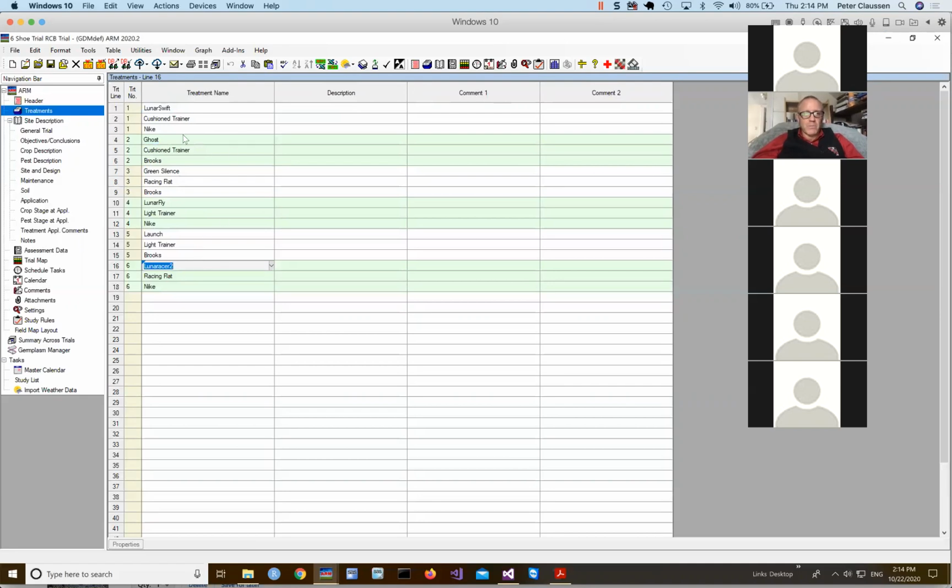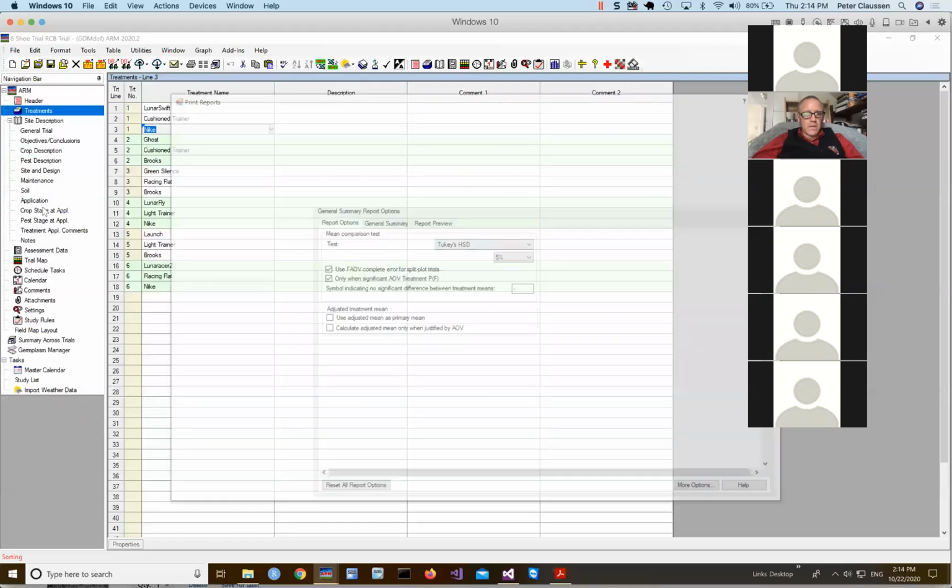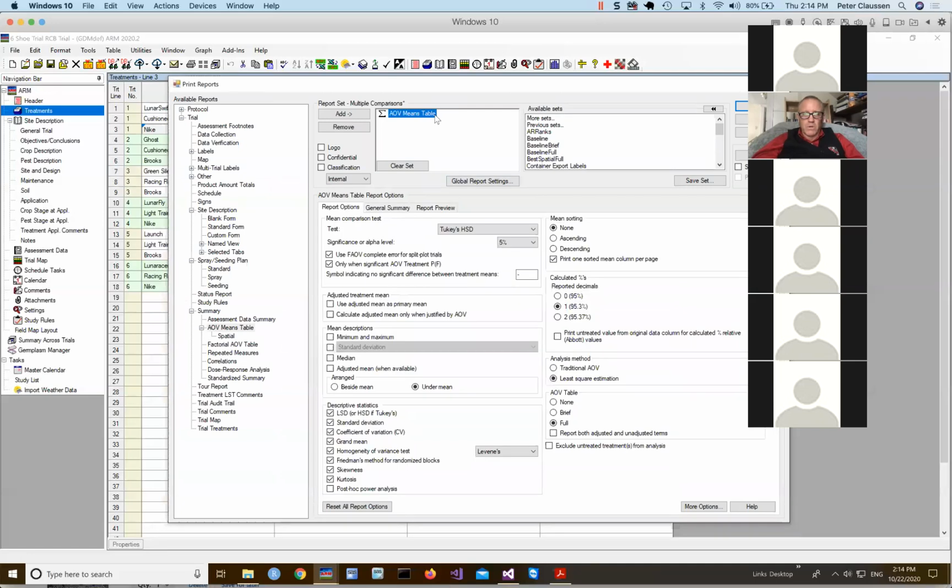Now, I kind of picked among different types of running shoes. So there are cushion trainers in here, and there are racing flats, and there are lightweight trainers, and there are different brands. Okay. So if we do the analysis as an RCB, and we'll just go to the means table.